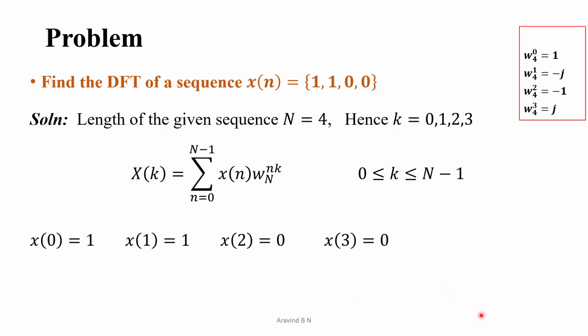Then at location 1, again the amplitude value is equal to 1. At location 2, the amplitude is 0, and at location 3, the amplitude is equal to 0.